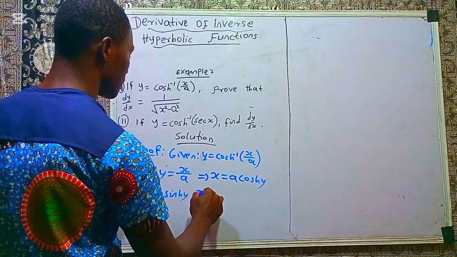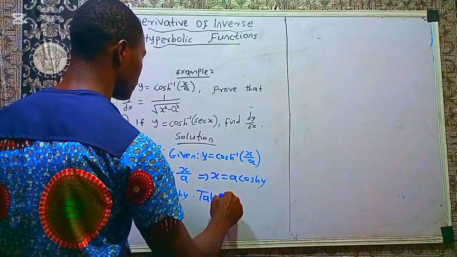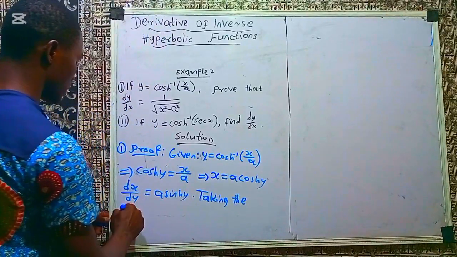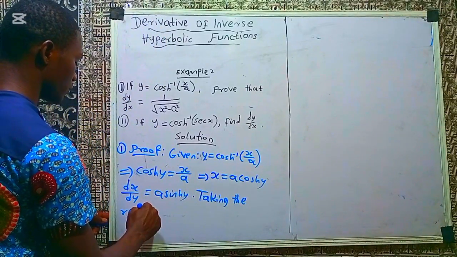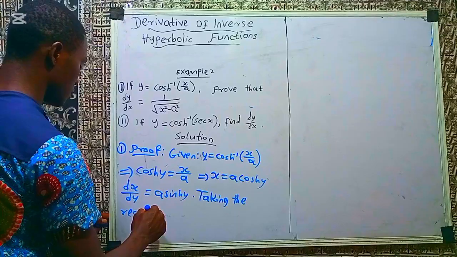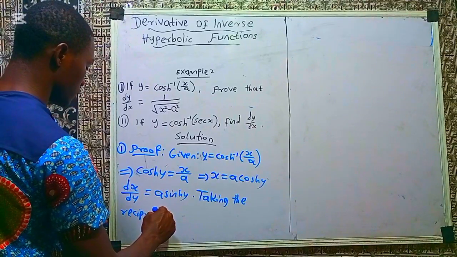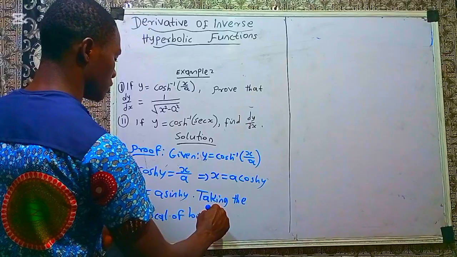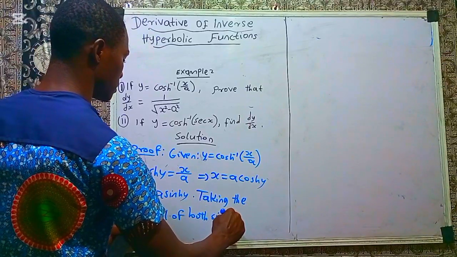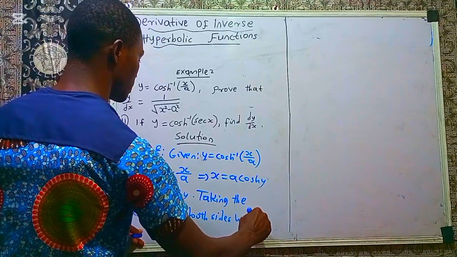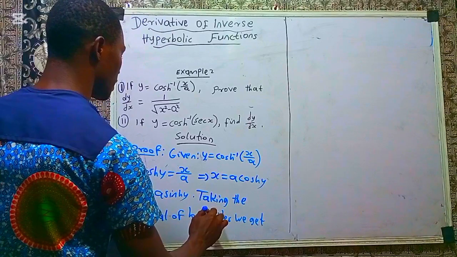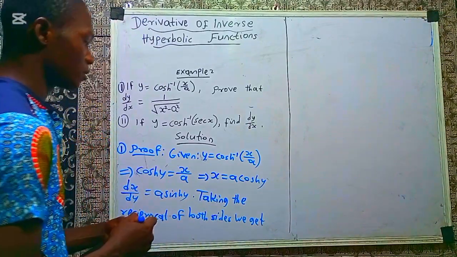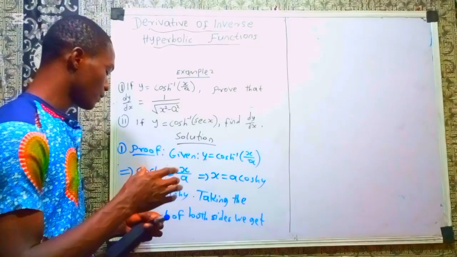So we now say, taking the reciprocal of both sides, we get, so if you take the reciprocal of both sides, the reciprocal is just 1 over, right?